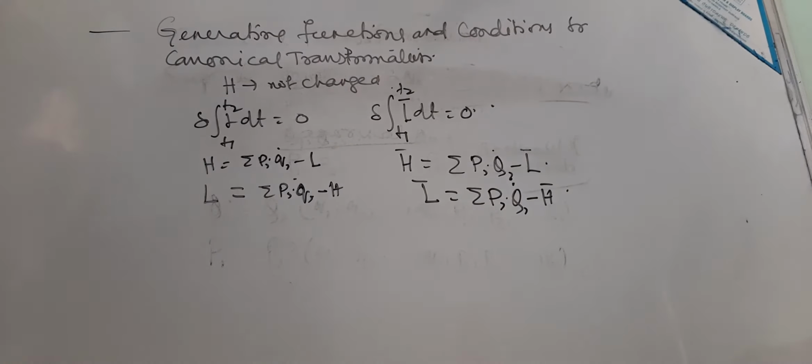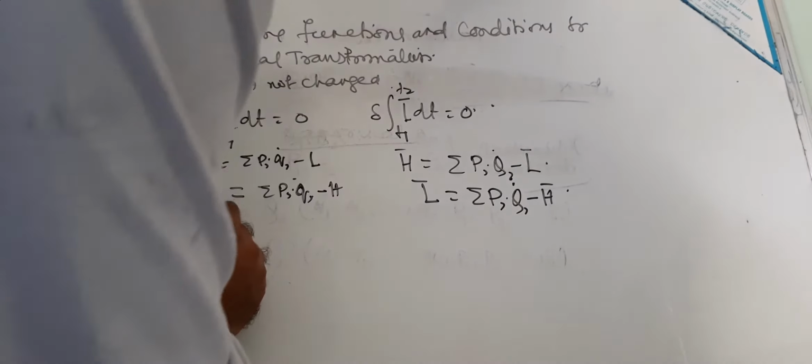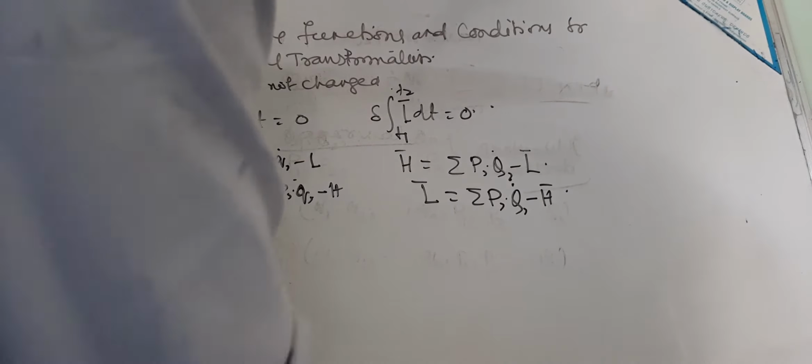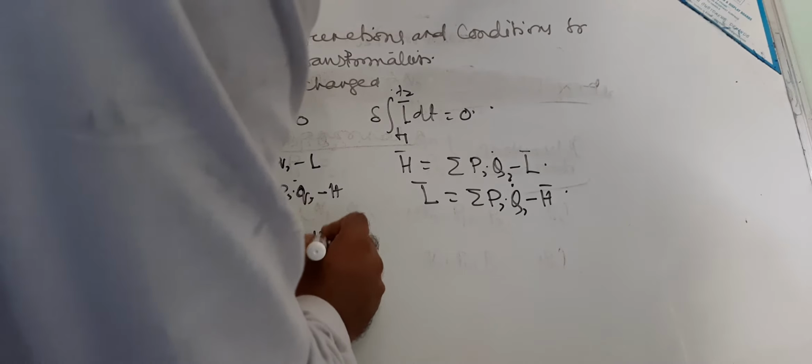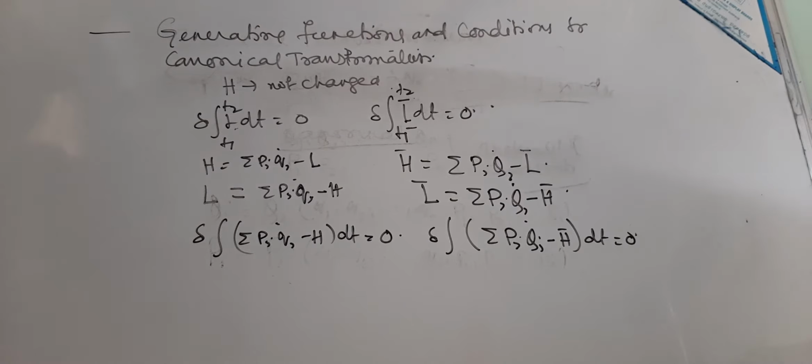If we put this value, delta integral of summation pi qi dot minus H into dt equals 0, and delta integral of summation Pi Qi dot minus H bar into dt equals 0.